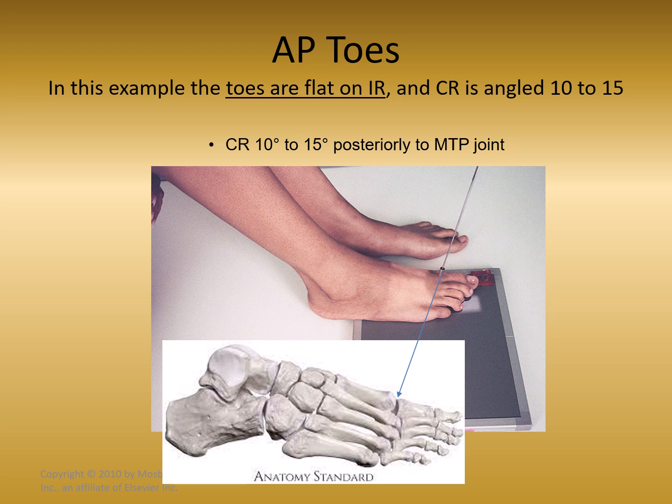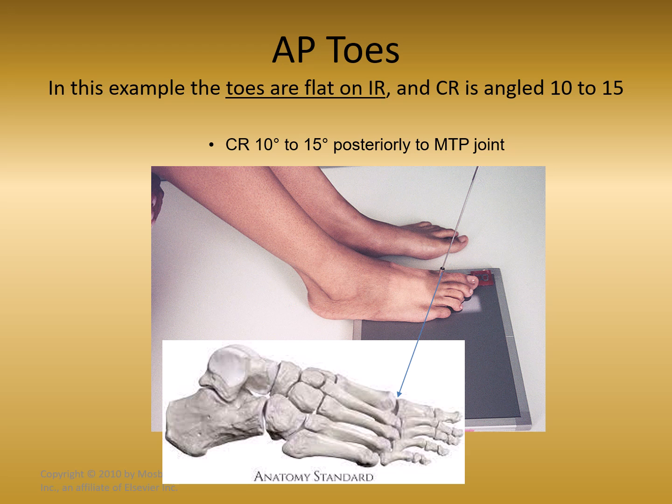So this is an image of the positioning for the AP toes, where you can see in the picture of the patient in position, they've shown the angulation of the tube. They refer to it as a posterior angle because it's going toward the posterior side of the foot.